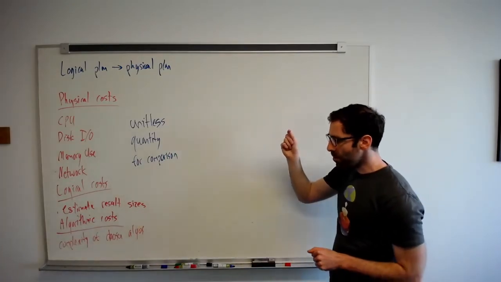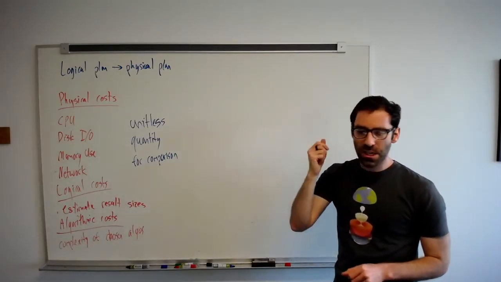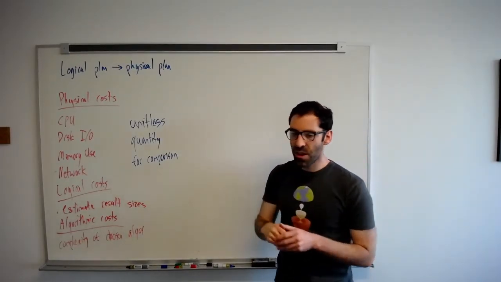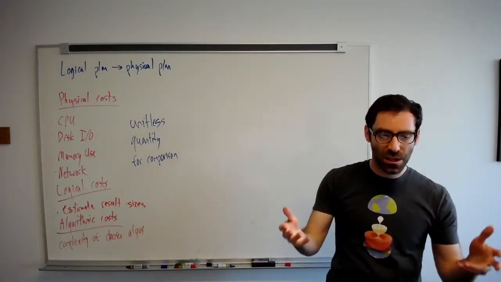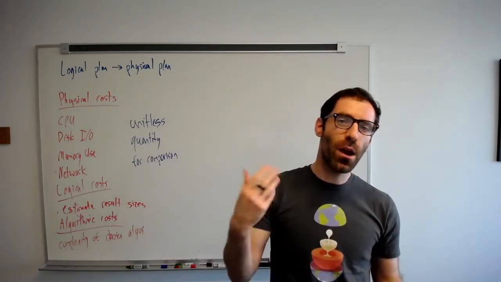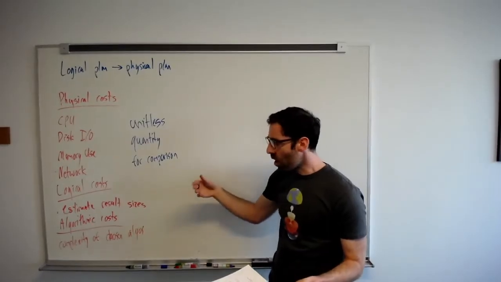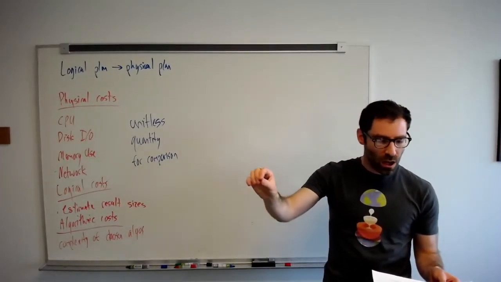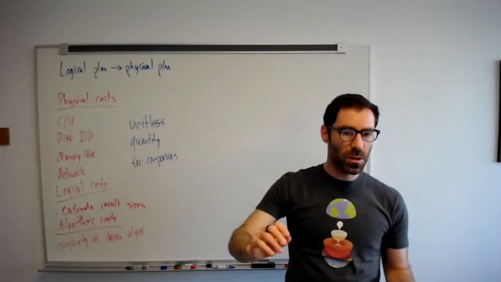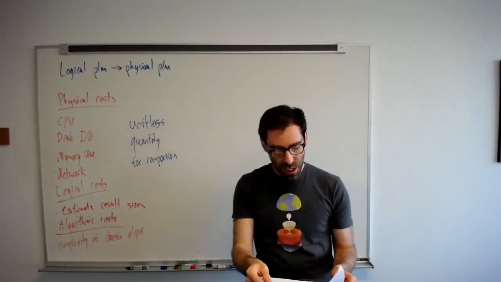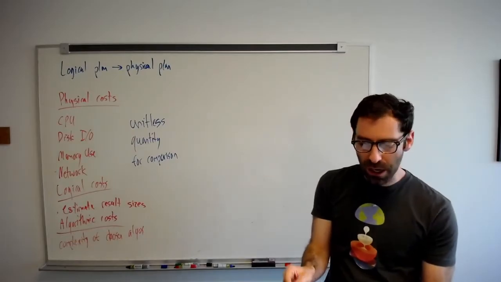One key aspect is going to be for predicates. How selective are they? If we want to estimate how many tuples are going to be involved in some part of our query, that will probably depend on how many tuples get filtered out by a particular criteria.